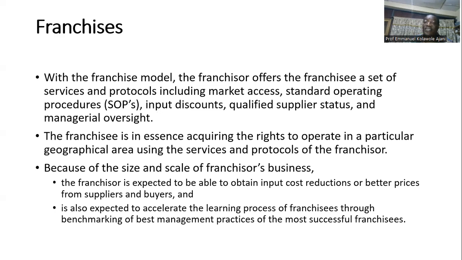What the franchisee is doing is that they are acquiring the right to operate in a particular geographical area using the services and the protocol of the franchiser.